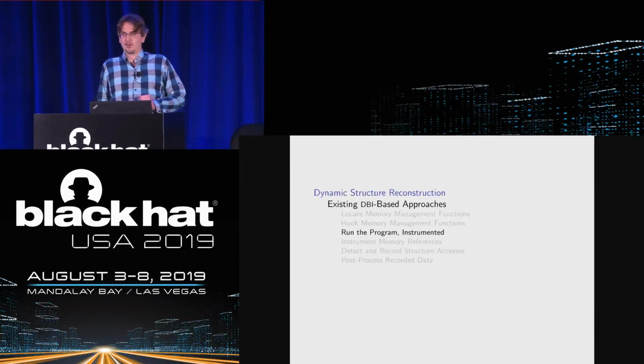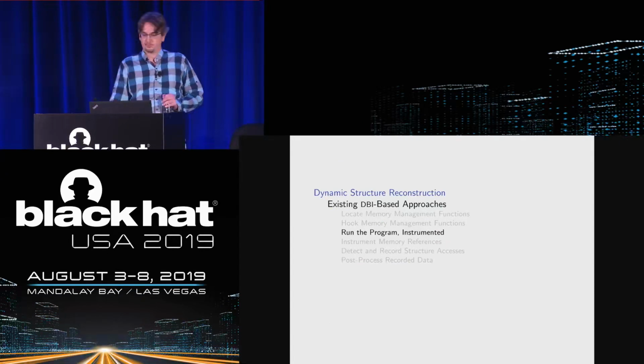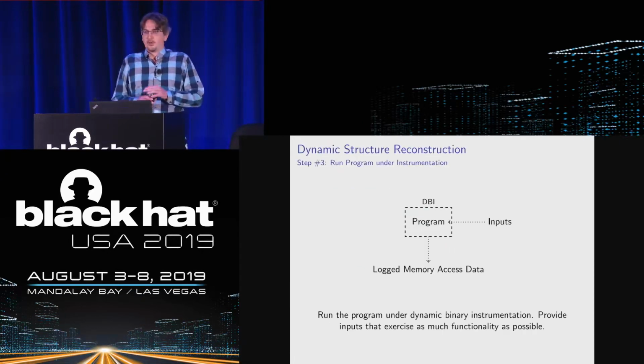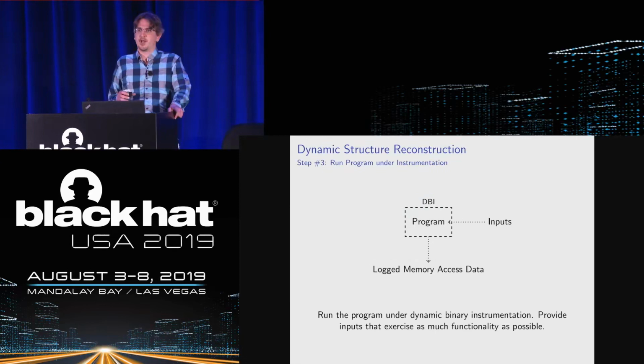Okay, so that's the part where we hook the memory allocator and record allocation metadata. Now we're going to find accesses to these allocations. The next step in these tools is to run the programs under dynamic binary instrumentation and provide whatever inputs you need to drive execution throughout the program.